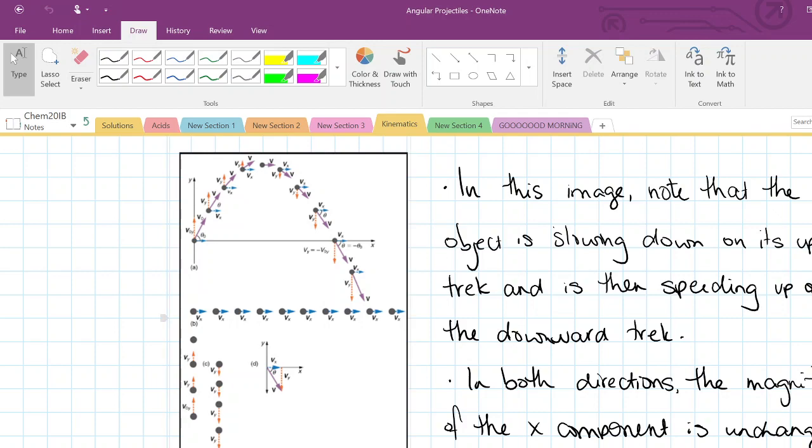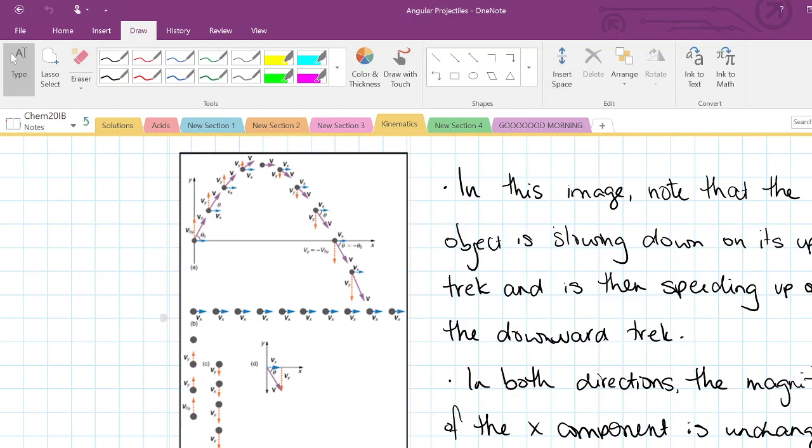The other thing to note is that the y component, the orange component, initially it's propelling the object in the upward direction. And as the object is rising, you'll notice that the length of this orange arrow is getting shorter and shorter, and there comes a point where it disappears.